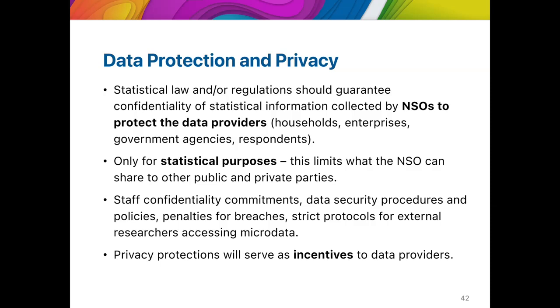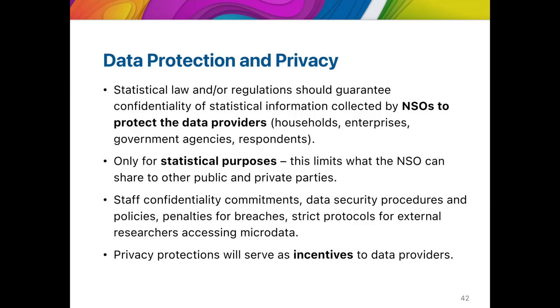Next, for data protection and privacy, statistical law and or regulations should guarantee confidentiality of statistical information collected by NSOs to protect the data providers, like the households, the enterprises, the government agencies, and the respondents where the data came from. It should also only be used for statistical purposes.